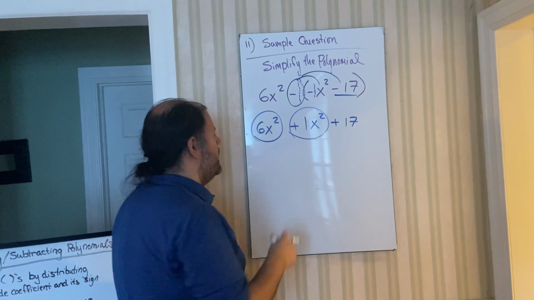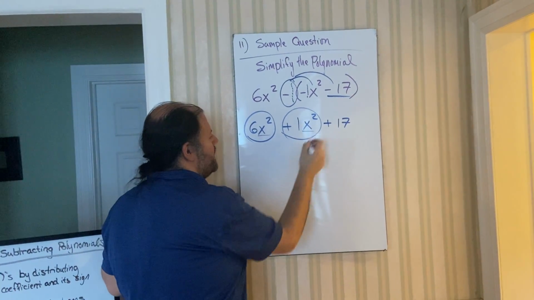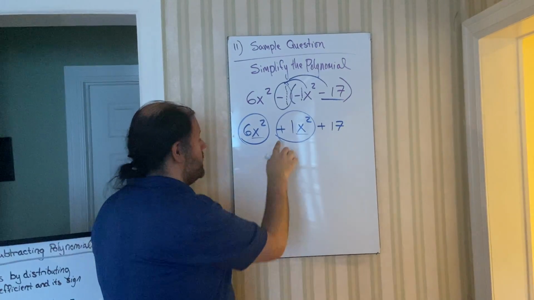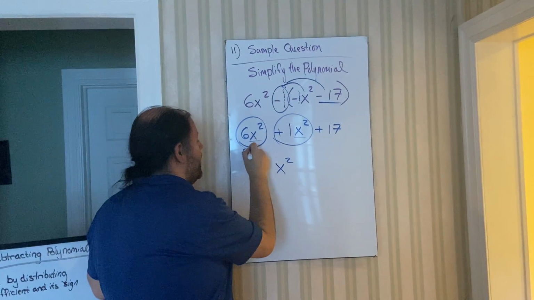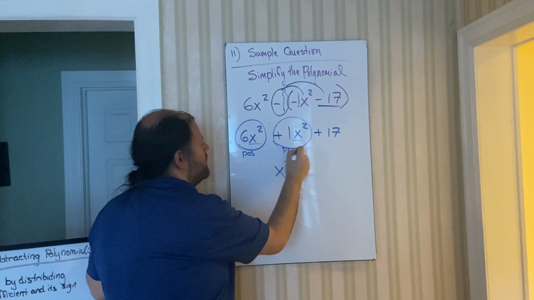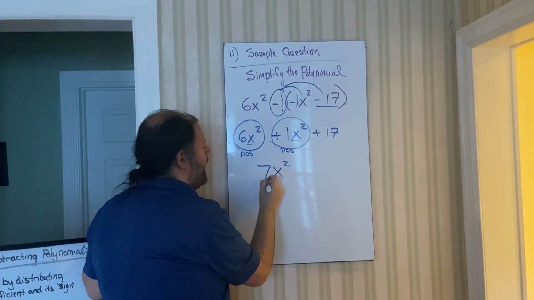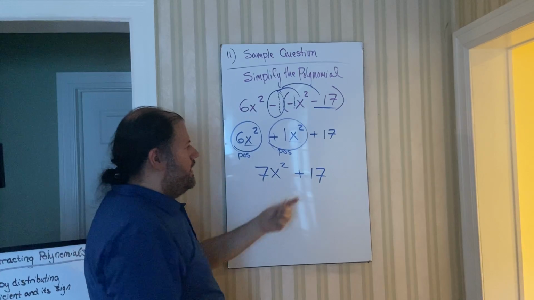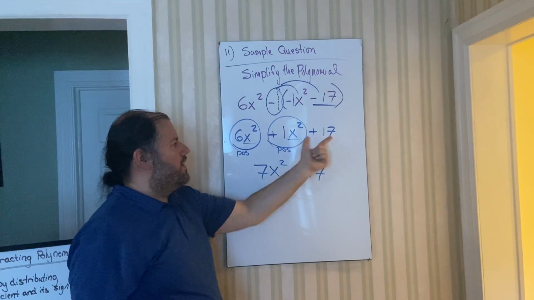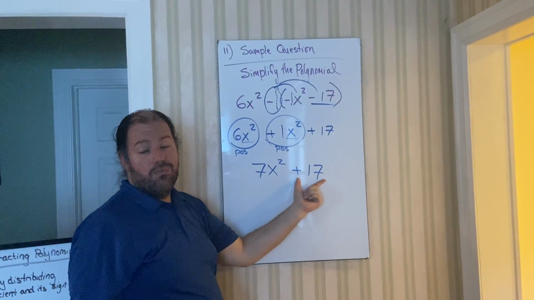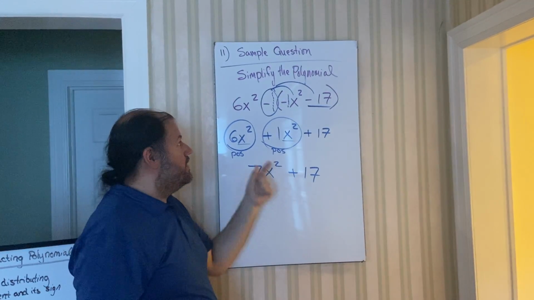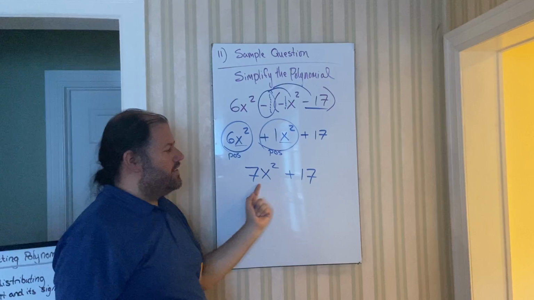We're going to keep the same variable part. X squared stays x squared. But the tug of war to combine the coefficients. This is a positive, this is a positive, so 2 positives we add. Notice there's no other plain constants, so we write it at the end. We don't write it at the beginning. So this simplifies to be this.